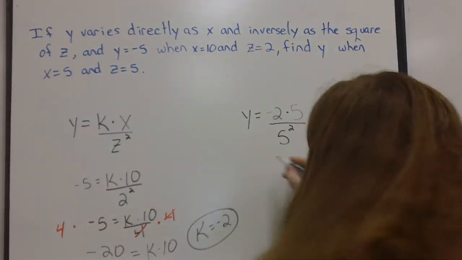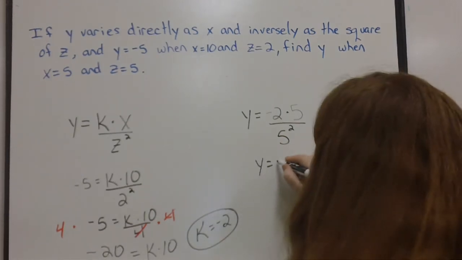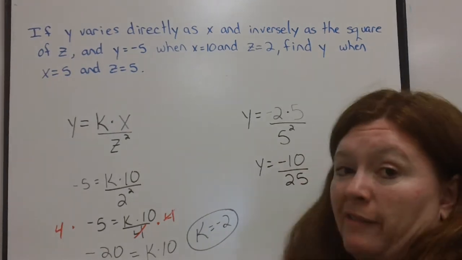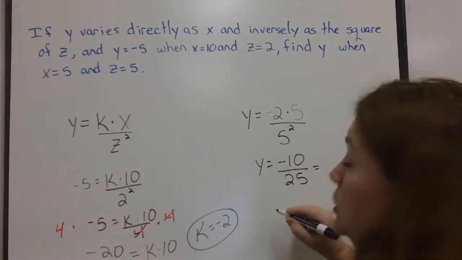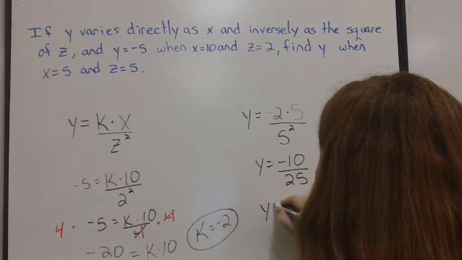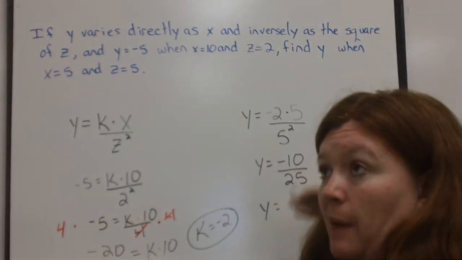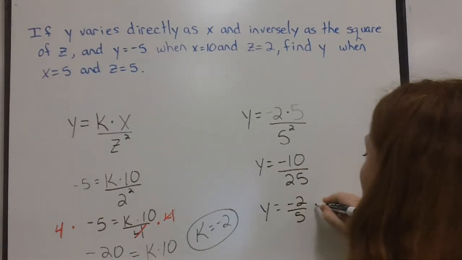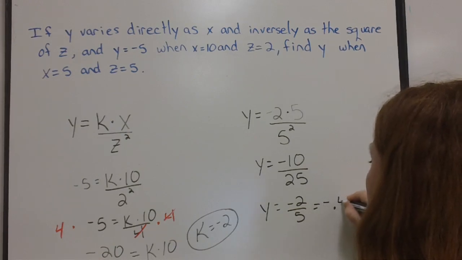Let's make some sense out of this. -2 times 5 is -10. 5 squared is 25. And again, I could and should at least, let me write it right here, reduce your fraction, which again, we divide both top and bottom by 5, and I get -2 over 5. Or, if you want to change it to a decimal, you would have a -0.4.